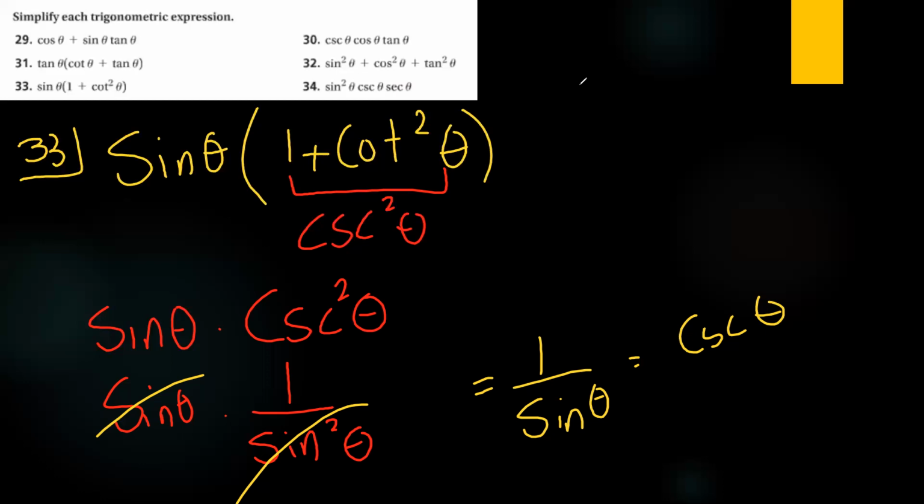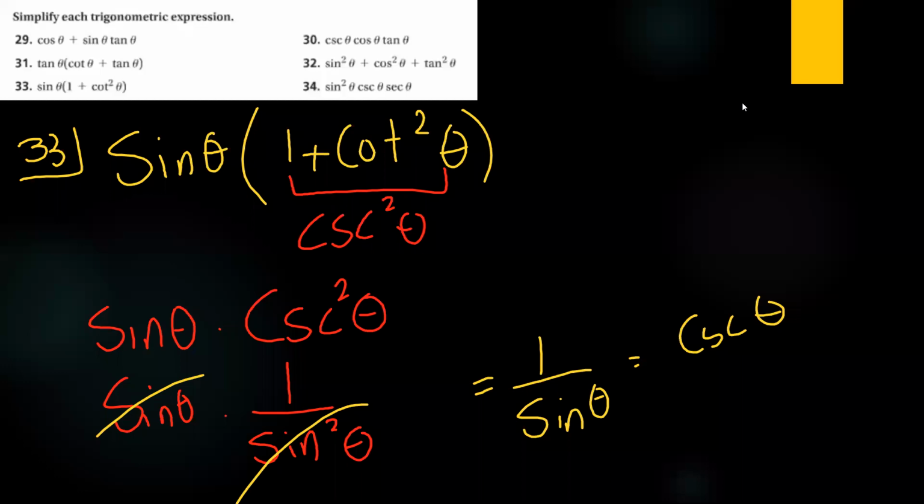Now number 34. I want you to please try it in your copybook or notebook and send me the answer on WhatsApp. Now, I want to see how you think. So, number 34 now. Sine squared times cosecant times secant.